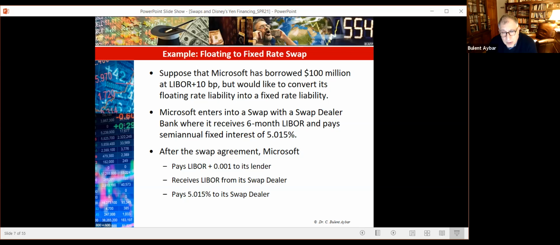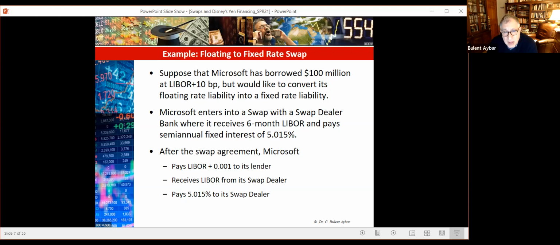It is possible to do this by retiring the floating rate loan and then reborrowing in the market at a fixed interest rate. But obviously there are substantial costs involved in closing and reinitiating new loans. Swaps in these circumstances create a very cost-effective switch from one type of borrowing into another one.